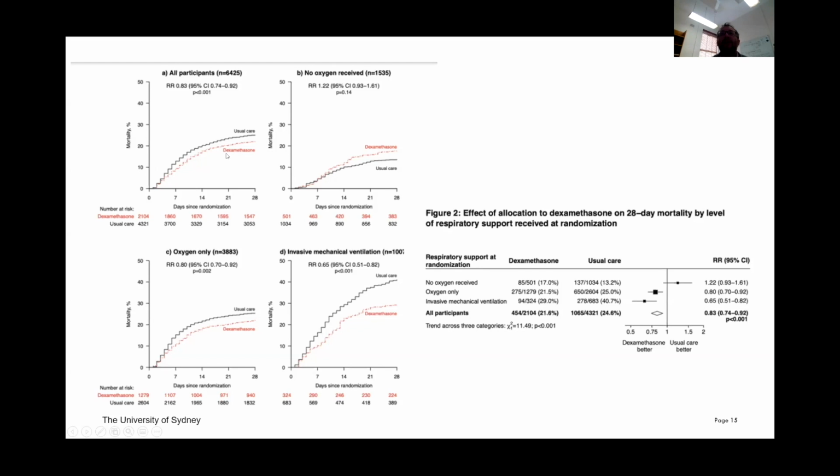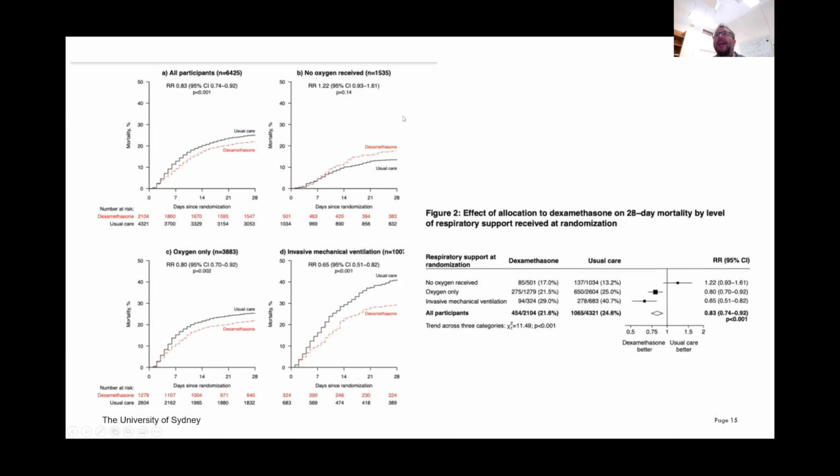Of course, some of the devil is in the detail with regards to dexamethasone and its effects. If you look at all patients, there is a modest protective effect. So this is looking at the risk of death over 28 days. Patients who receive dexamethasone are less likely to die than those who received usual care without dexamethasone. And that benefit was even greater in the subset of patients who are very severely unwell and requiring mechanical ventilation in intensive care.